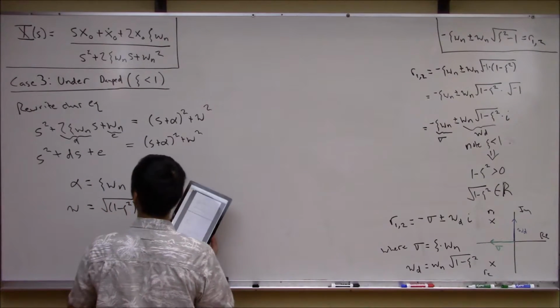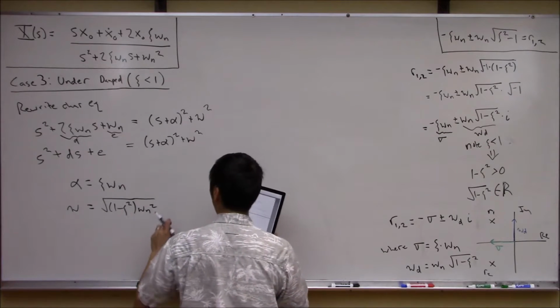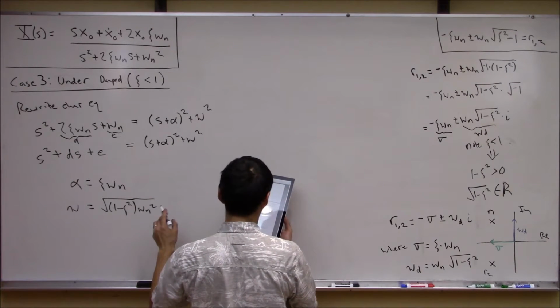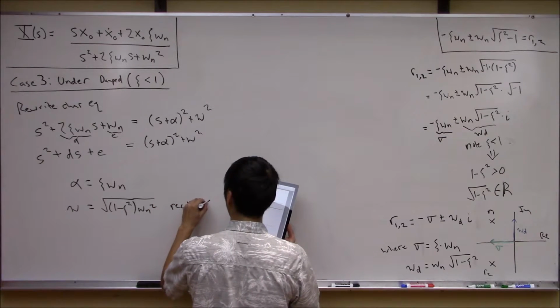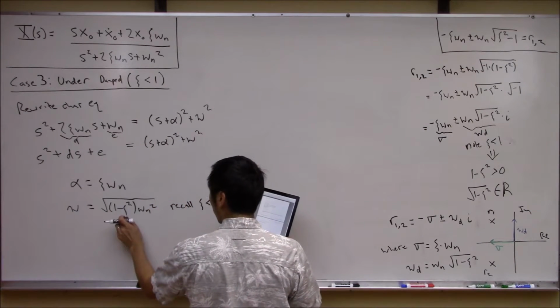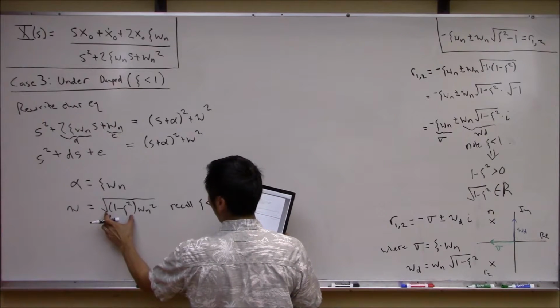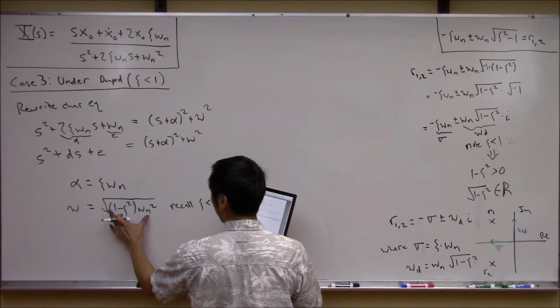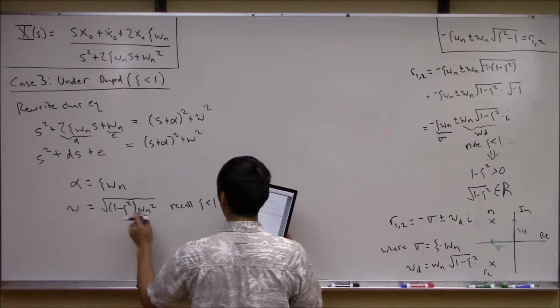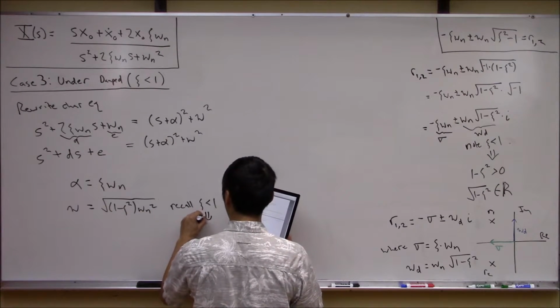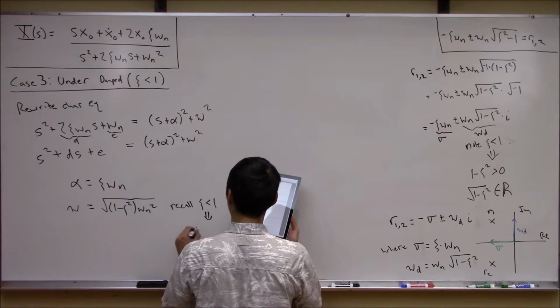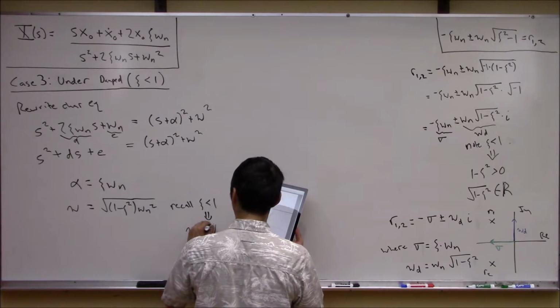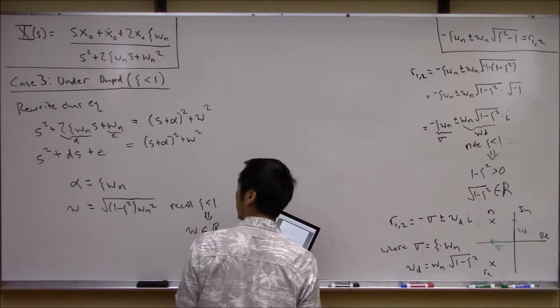Recall that zeta is strictly less than 1 in this case, so this entire thing is positive. The implication is that omega is a real number, not an imaginary number.